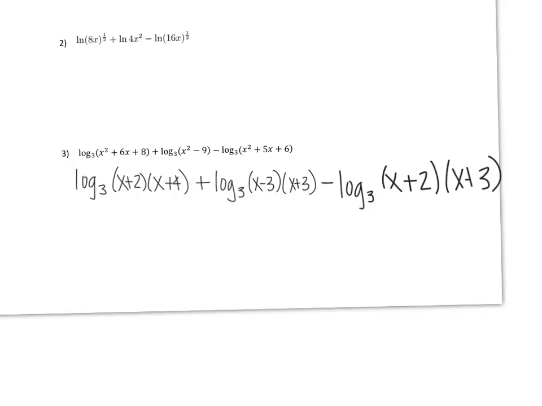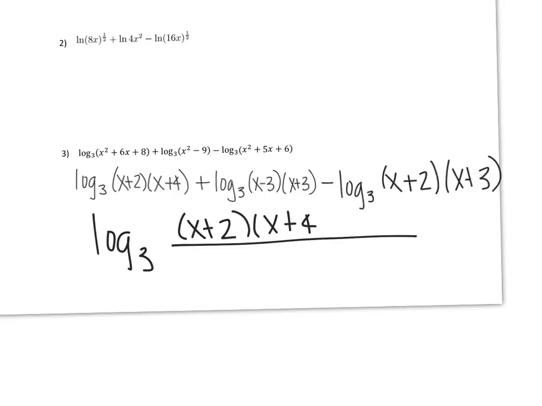Okay, well now I can write that as one big log. So I'll have the log base 3 of, and I got a bunch of stuff that's going to go on top. What's going to go on top? X plus 4. Yes, all of the factors in the first 2 parts, the x plus 2, the x plus 4, the x minus 3, and the x plus 3 are all in the numerator.